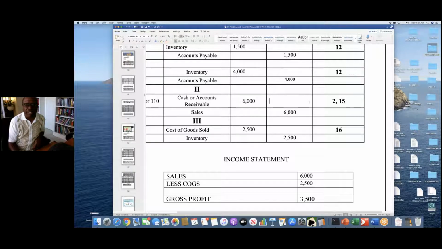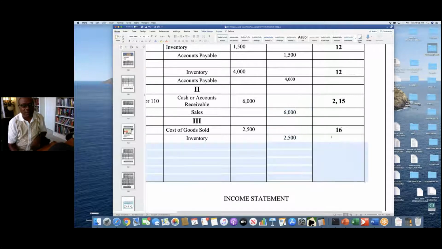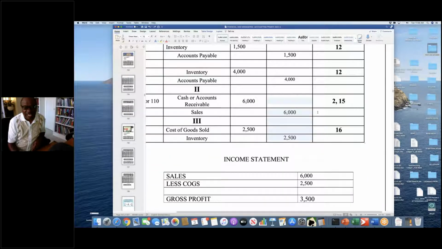What entries are we gonna make, Zahid and Cameron? Journal entry 2 and 3? Yes, 2 and 3. Cash, accounts receivable and sales, and then COGS and inventory? Yeah, that's what we're gonna do.